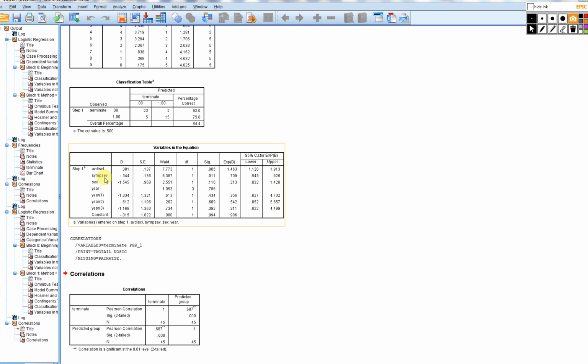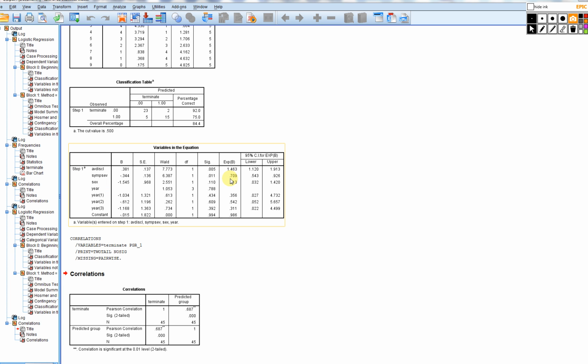For symptom severity, you see that as scores increase on symptom severity, the likelihood of terminating within the first 2 months is actually decreasing.